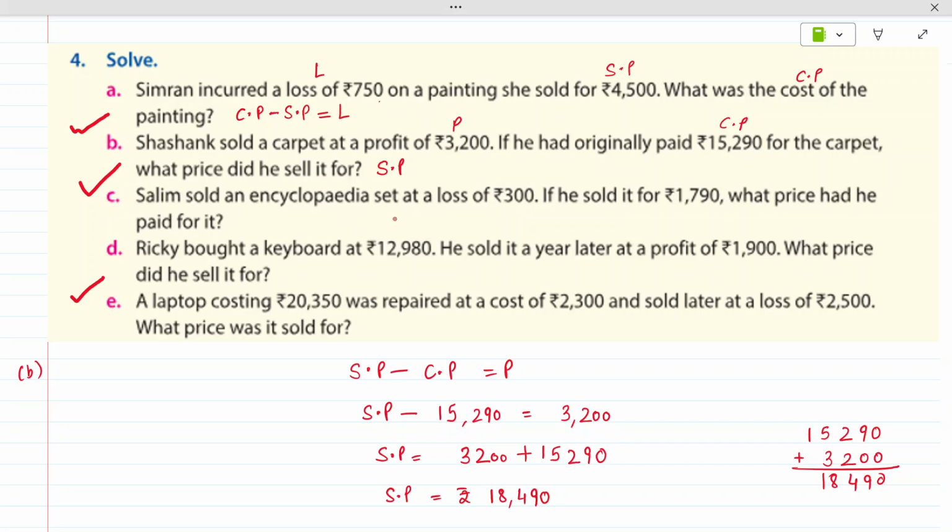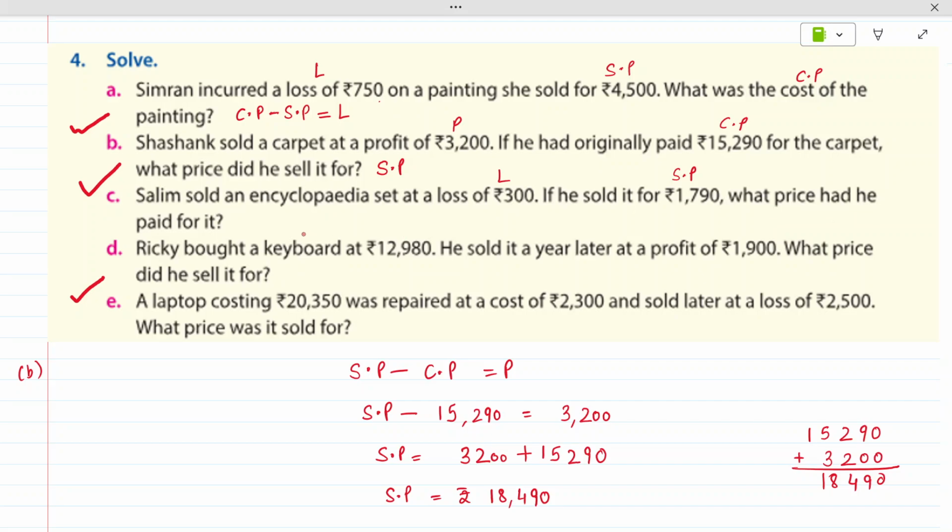So what Salim did, he sold the encyclopedia at a loss of rupees 300. So this is loss given to us. If he sold it for rupees 1790, so the selling price, the price at which he is selling, is 1790, then what price had he paid for it?